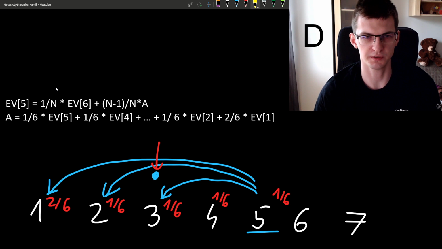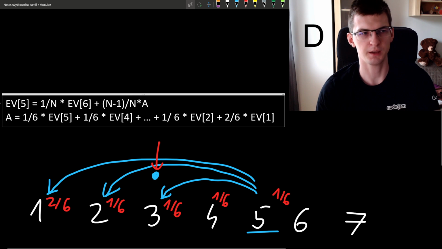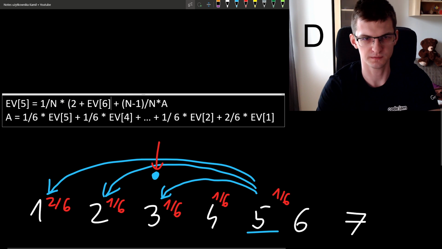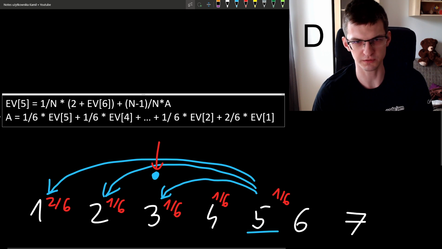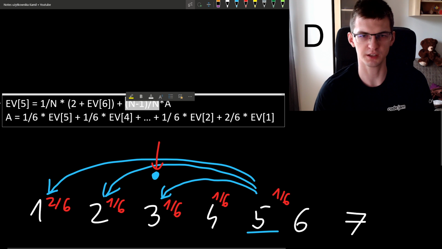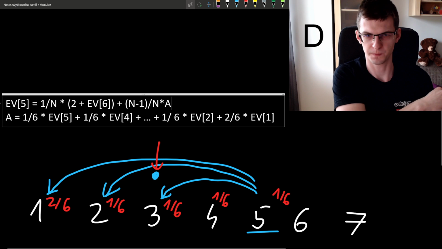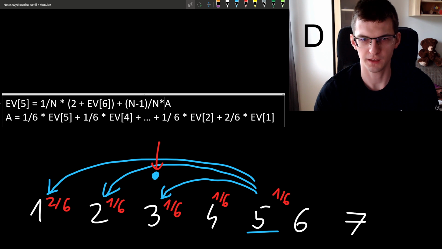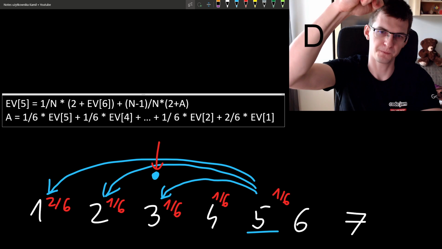I think it will simplify stuff, because then I can say with this probability I make 2 moves and then I'm in state with number 6. Otherwise, with this probability I will get back to myself or somewhere to the left. Now A is for sure related to moving once up, and by up I mean from 5 to 5/1.